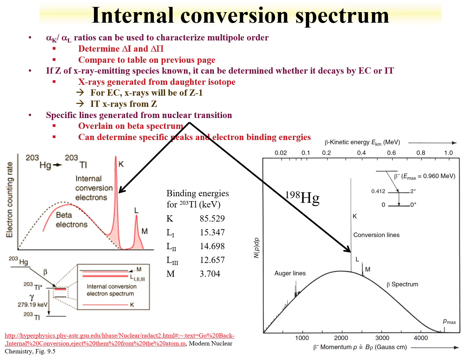Now these internal conversion electrons can show up on beta spectra. And here's an example of 2 peaks where we can see for Mercury 198 and Mercury 203, where we'll have beta electrons, and then on top of those spectra we'll see the internal conversion electrons, and we see the K, the L, the M. From this we can get the K to L ratios, and if we look back on the chart on the previous page, if we know something about the K to L ratio, we can figure out information about the multipole order.